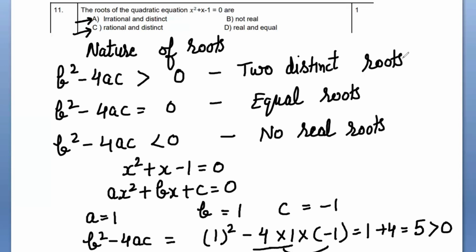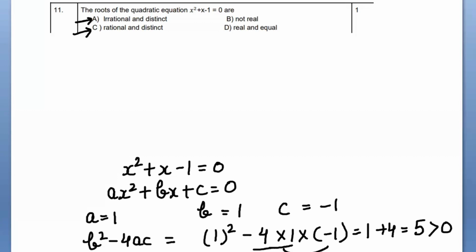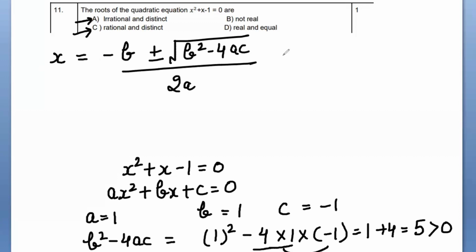Now we need to find out whether the roots are rational or irrational. For that, we need to find the value of the roots, and we are going to use a formula. The formula is x equals minus b plus minus root of b square minus 4ac, over 2a. Minus b means minus 1 because the value of b is 1.